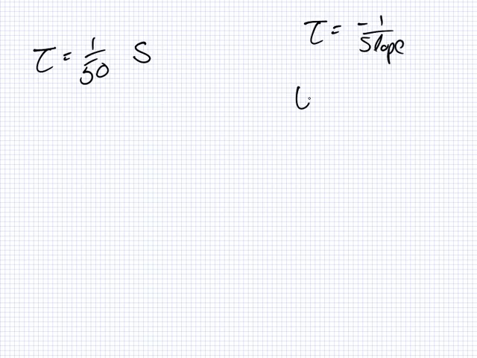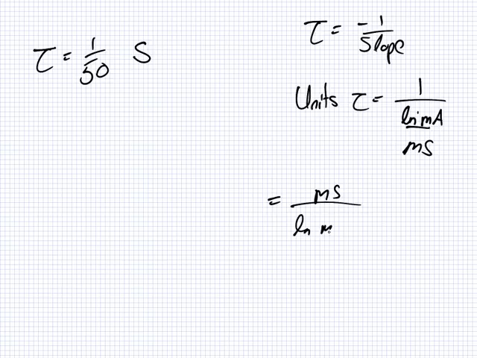So the units for this will be equal to 1 over the units for the slope. What's on the y-axis? Log milliamps. And here milliseconds. So this will be milliseconds over log milliamps.